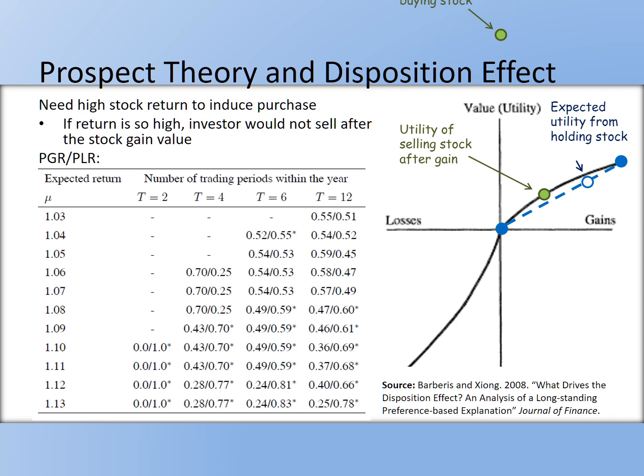Right? This is a very mild concavity. This here, the loss aversion part, is a very strong concavity. So if the stock return is high enough to convince you, oh, do not be afraid of losing money because the return is usually very high, then it will be high enough to overcome any risk aversion you might have otherwise. If you're not afraid of losing money, then risk aversion is not really a problem.